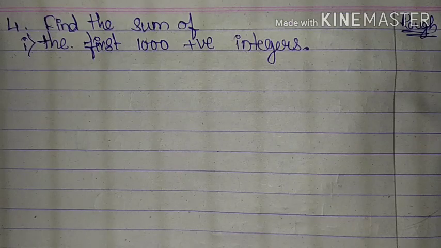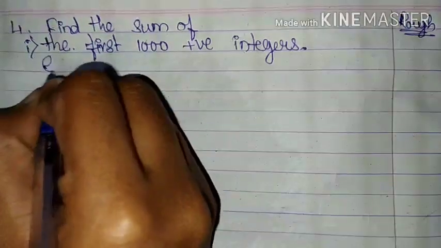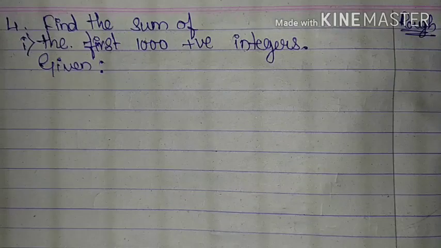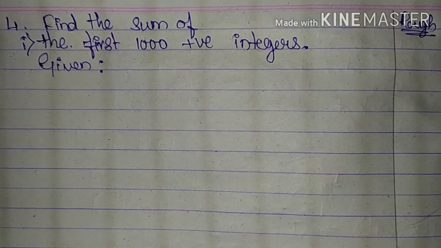The fourth question has two sub-questions, and in the fourth question they have asked to find the sum of, in the first sub-question, the first 1000 positive integers. We know that integers are the set of negative and positive numbers along with 0.